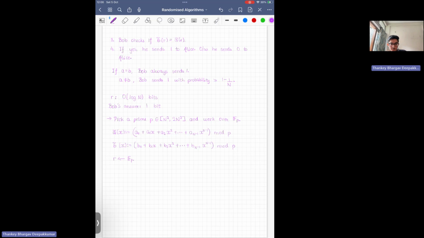And so from Schwartz-Zippel over F_p, we would again get these guarantees.